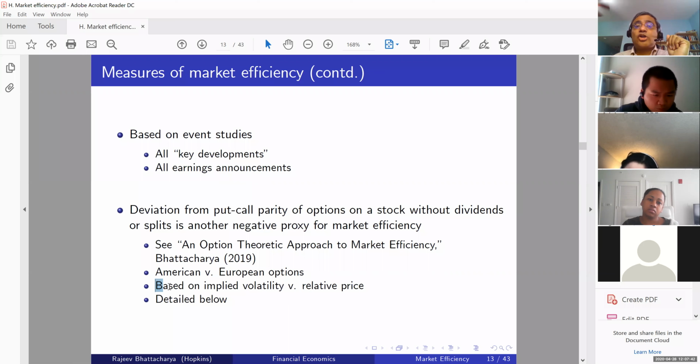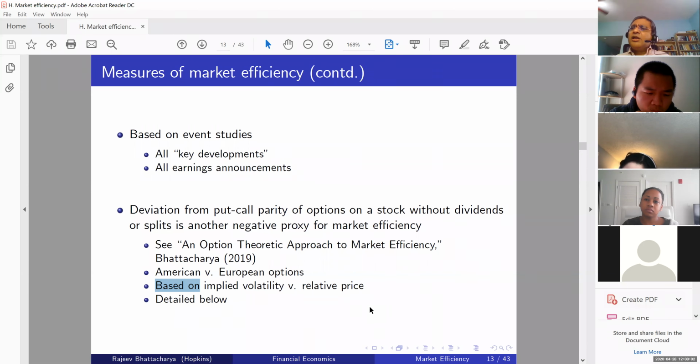I also talk about implied volatility. One thing, remember, we have discussed this. Implied volatility is a measure of the volatility as the market investors in options think about the underlying security.